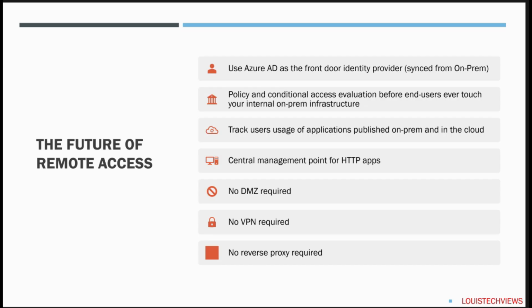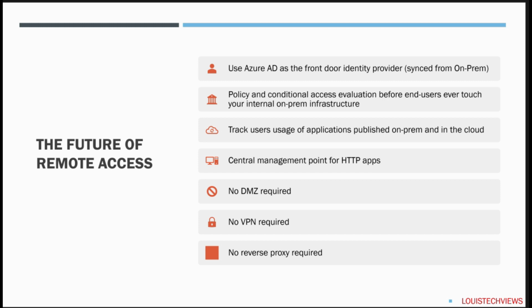So when you think of the future of remote access, this is where the topic for today, Azure AD Application Proxy, comes in. With this, you're using Azure AD as the front door identity provider, and this will be synced from your on-premise Active Directory. So you do have to have domain controllers and things like that on-premise already, and those identities will sync to Azure AD.